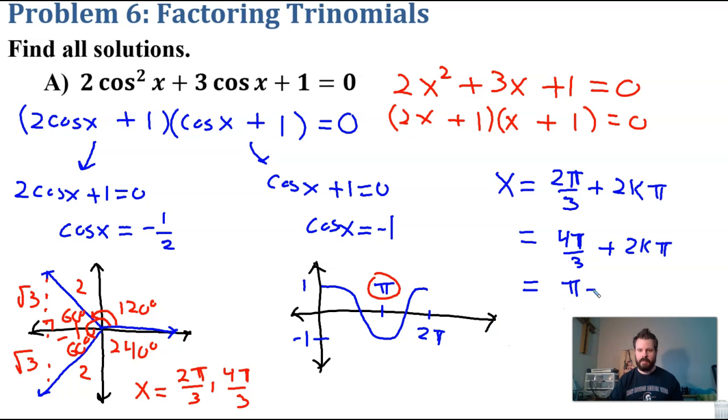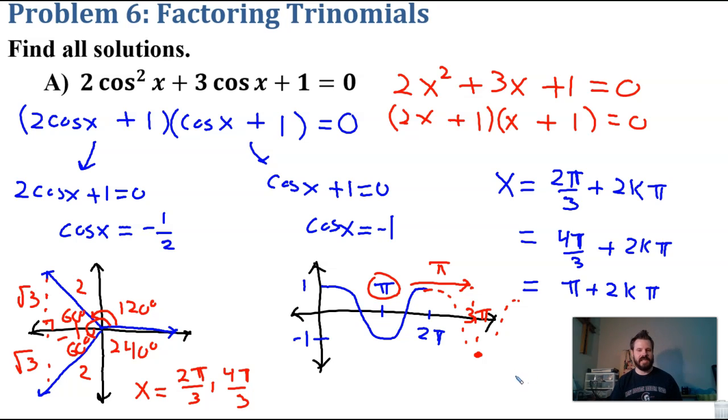We can just say pi plus 2k pi, because if I added 2 pi units to that, I'd get to another -1 point, and that would happen at 3 pi. So there's an example of factoring a trinomial problem.